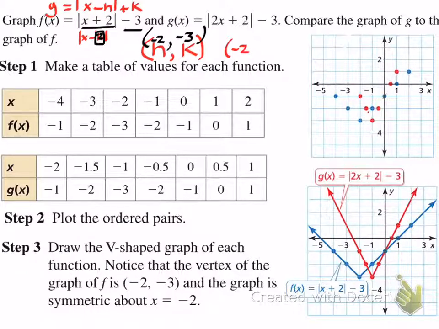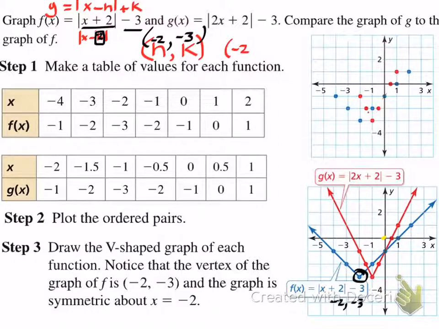Do you see how we get that vertex? Okay, now, in the first equation, we're seeing it's negative 2, negative 3, and that's right here. Over 2, down 3. You guys with me? For the vertex, what color do you want me to use? Yellow? We said our vertex is negative 2, negative 3. So I start at the origin, right?